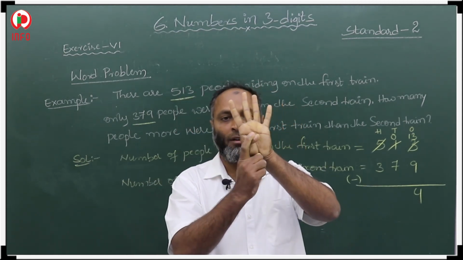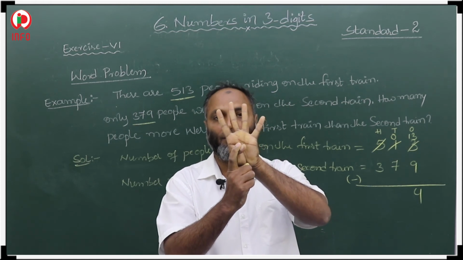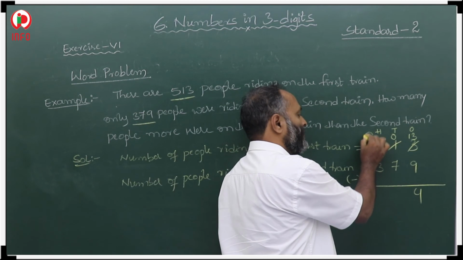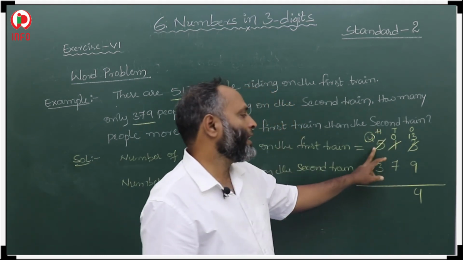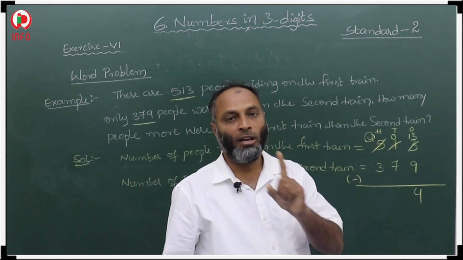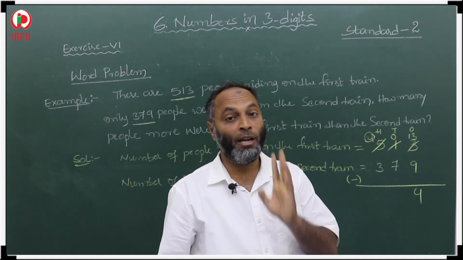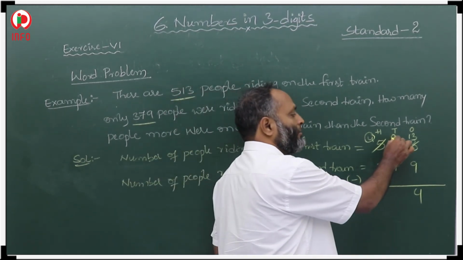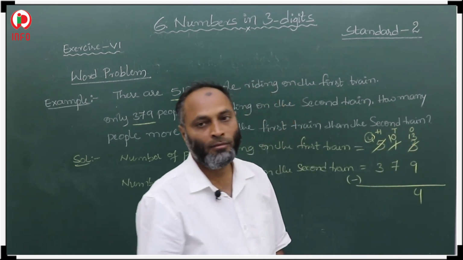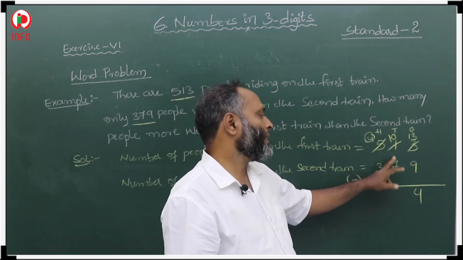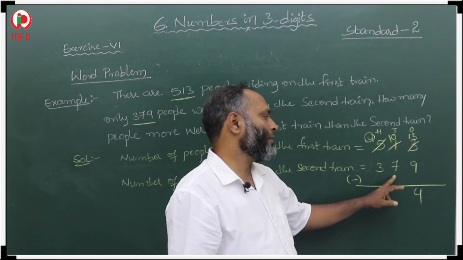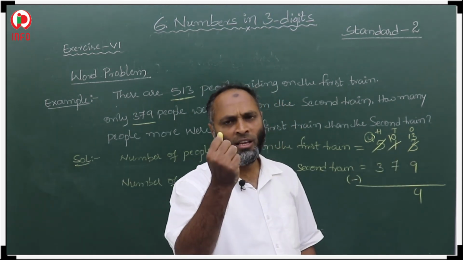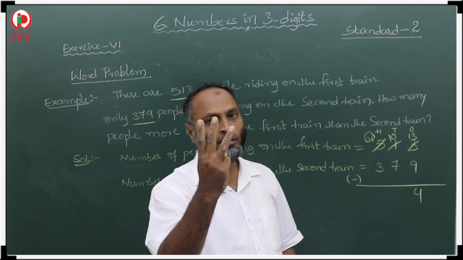If you take 100, how many hundreds are left? 400 left. 100 is equal to 10 tens. 10 plus 0, 10. Now 10 minus 7. From 7 you have to count. 8, 9, 10. 3.